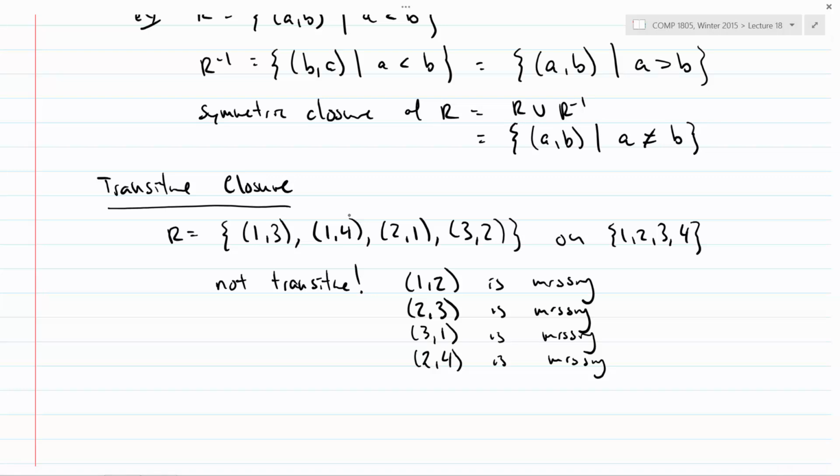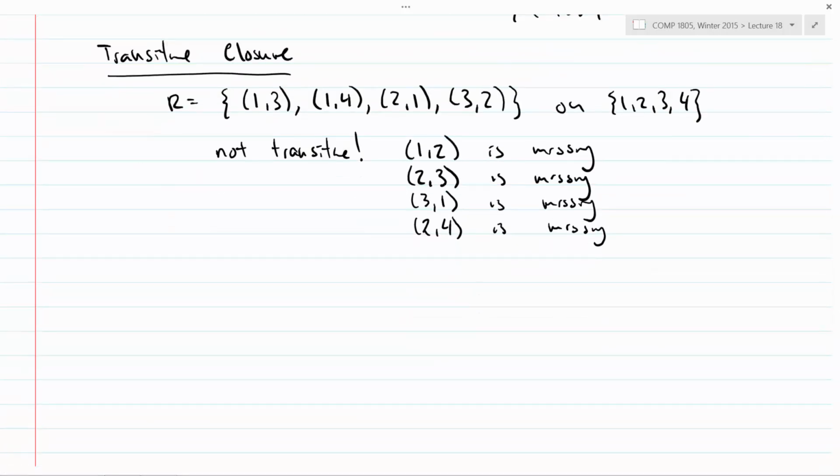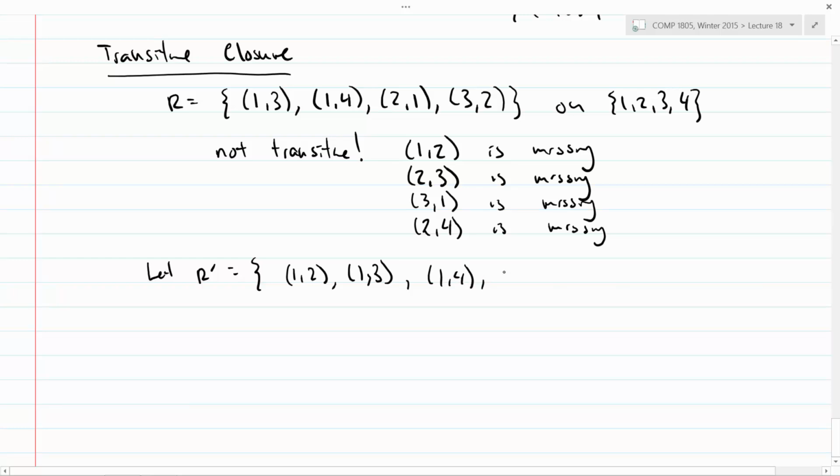So the natural thing to do would be to try adding them in and hoping for the best. So let's say, let R prime be 1, 2, 1, 3, 1, 4, 2, 1, 2, 3, 2, 4, and then 3, 1, 3, 2.